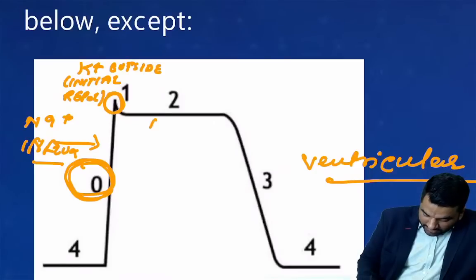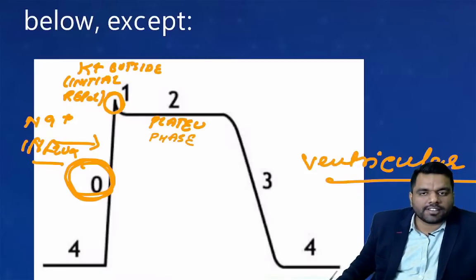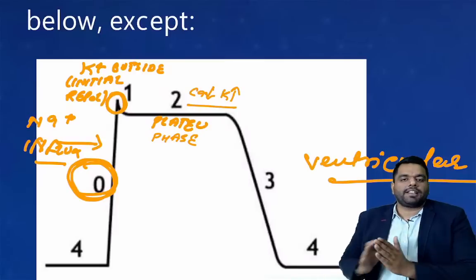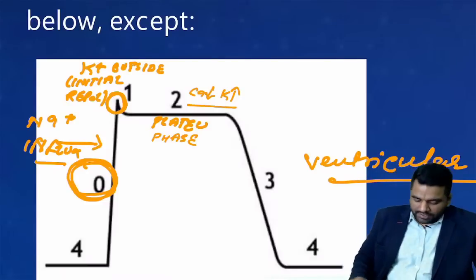And phase 2 is the plateau phase. In this plateau phase, calcium will move inside and potassium will move outside, so that is why it is making the balance. One positive ion moving inside and one positive ion moving outside.